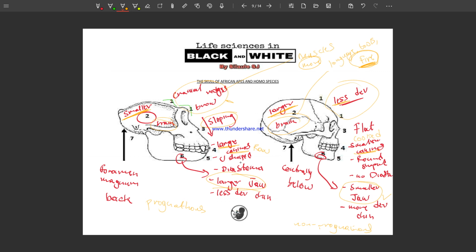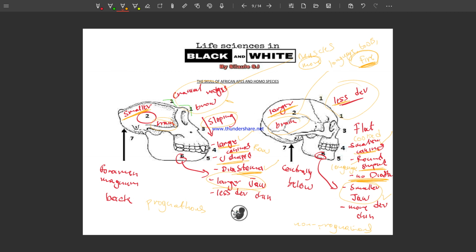We said having a U-shaped palate versus a round-shaped palate. A round-shaped palate will help with language skills. And then the reason for having a diastema is because we have large canines, so therefore you must have spaces between the teeth. And then since we have small canines, there will be no diastema because you do not need the spaces between the teeth.